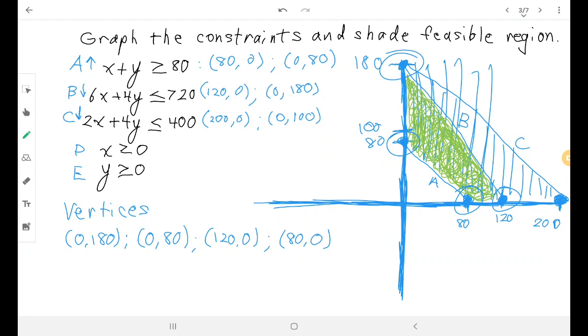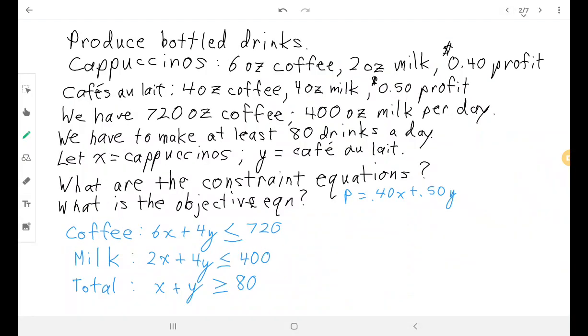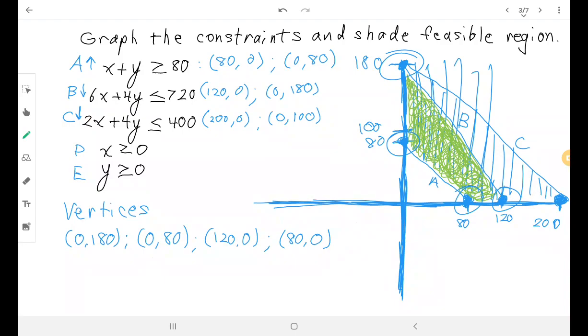And the reason that these vertices are so important is because that is how you are going to optimize this problem. Remember, we were concerned with our profit here. It's just a property of these types of problems. This is how these problems work.